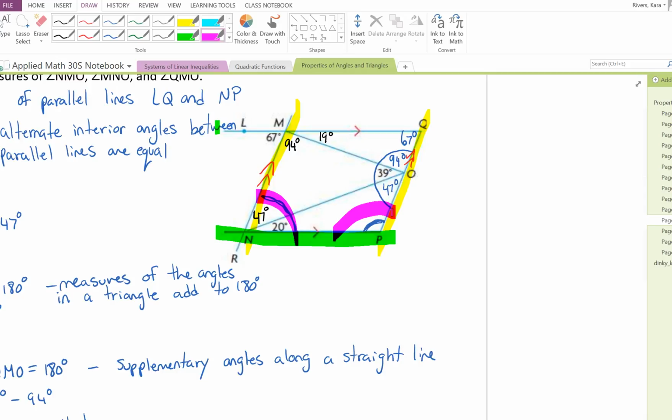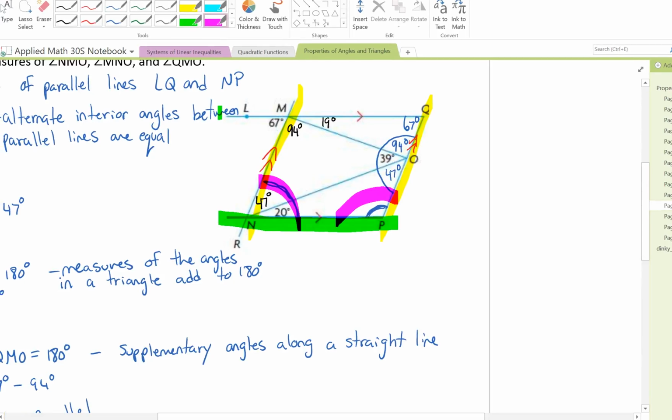As we're adding more stuff, creating a bit more noise, it's sometimes harder to see. But if I highlight those, you can see that's something that we've seen before. Okay, so let's solve for that missing angle. All we have to do is take 180, subtract the 47, subtract the 20.